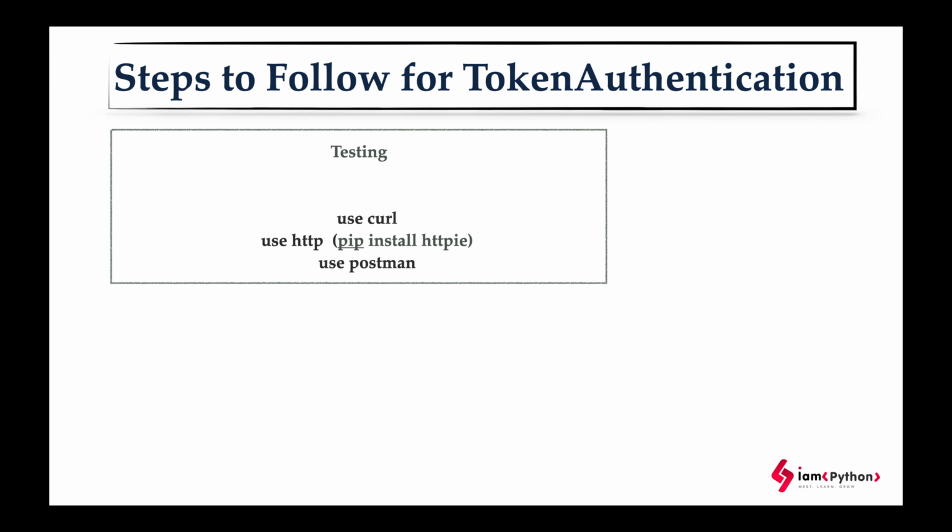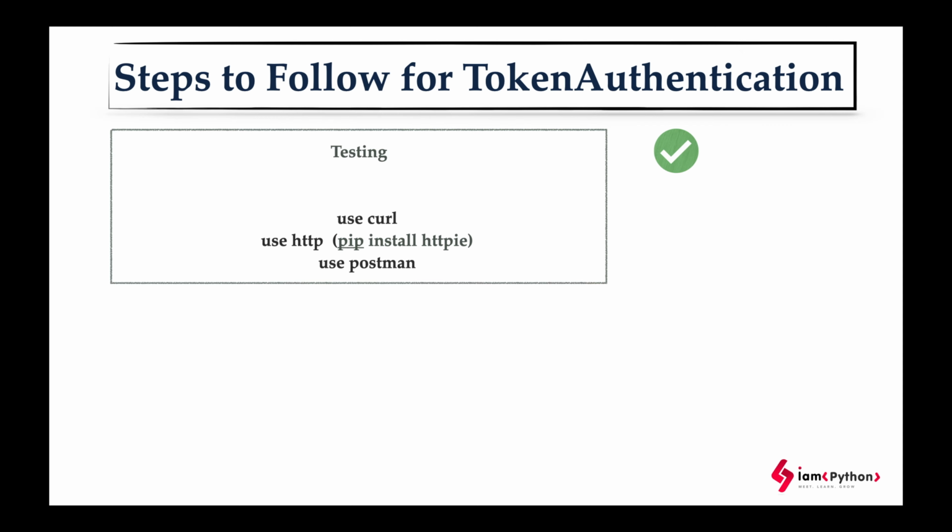It's a separate Python package or library. So pip install httpie, which is a separate one. We need to install it, or else we can use Postman. So I'm going to use the curl command and Postman, if you can understand very easily. Okay, so I will clearly tell you how to use them in a practical way. You'll get some more idea.